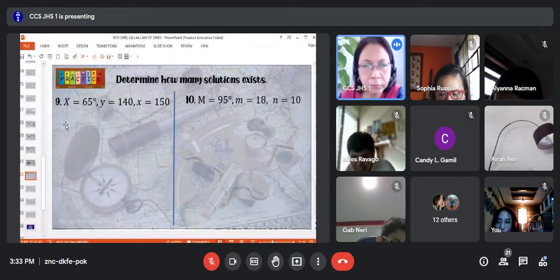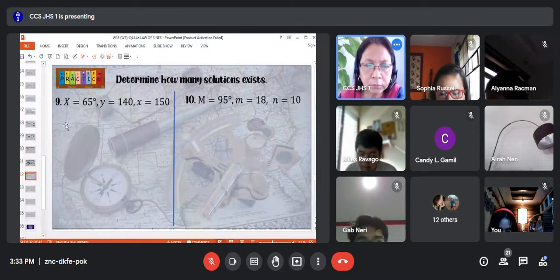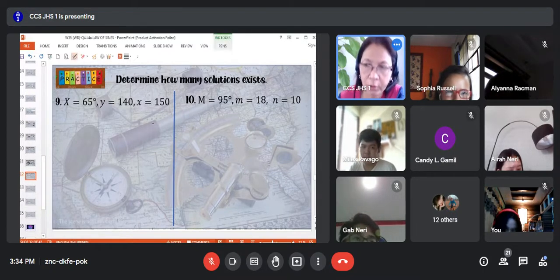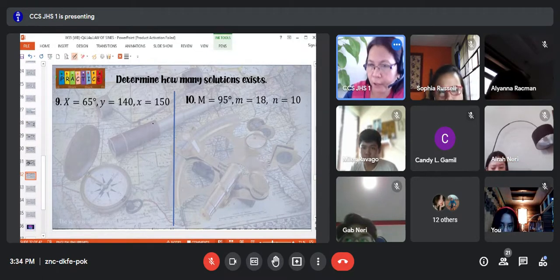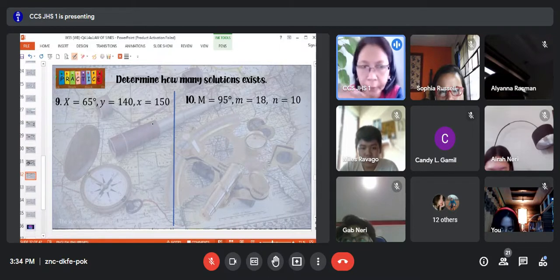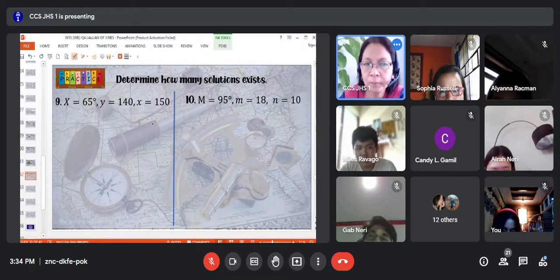Okay, this one. X is 65 degrees, Y is 140, and X is 150. What are you going to compare first? What will be on the left side? X or Y? X compared to Y or Y compared to X? What do you think, Sophia?